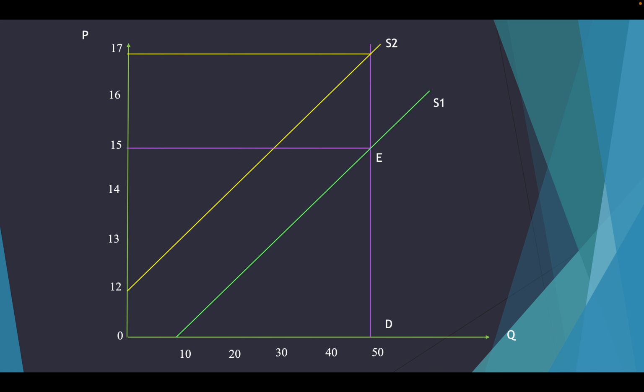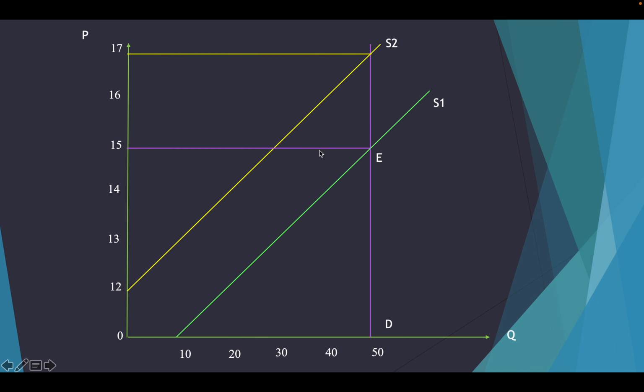Here in the diagram you can see the price axis and the quantity axis. Then you have to draw the diagram. The demand curve you can see is not changing, it is 50 quantity, not changing.